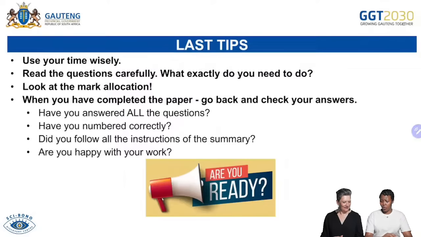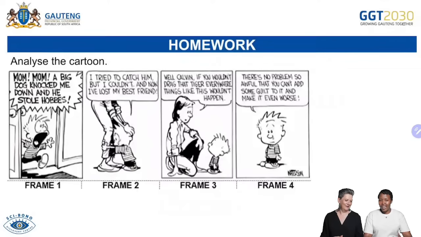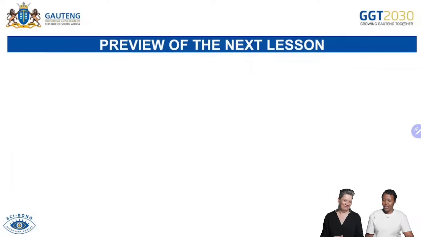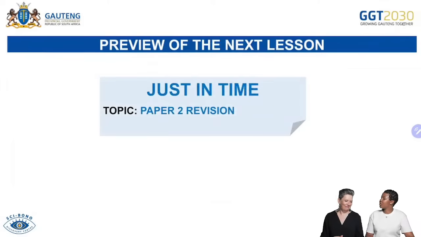Then ask yourself this question: did you follow all the instructions of the summary? And are you happy with your work? And once all of these are done, then we've got homework for you. This is the homework, and I know you will do it well. The continued homework, you take a screenshot and a short review.